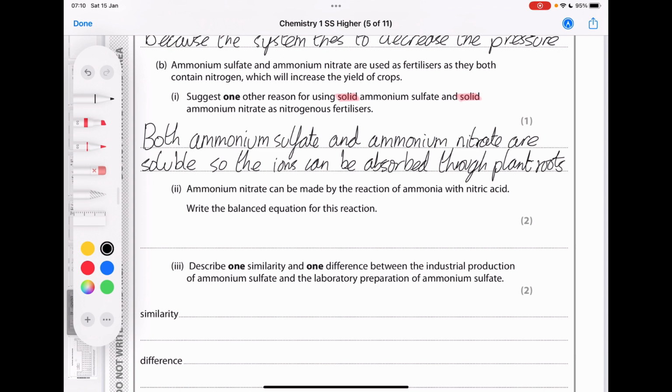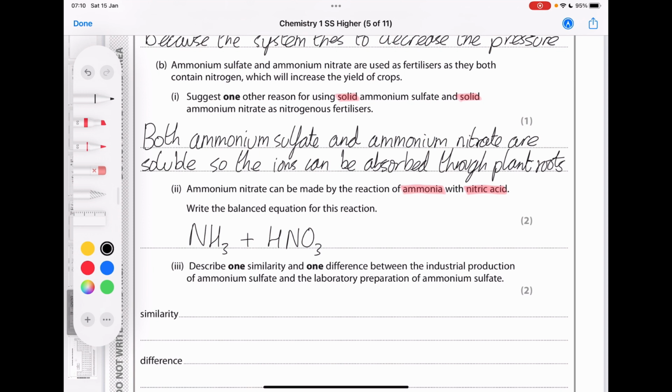Okay, part 2. Ammonium nitrate can be made by the reaction of ammonia with nitric acid. We should know the formulas of ammonia and nitric acid, and you got 1 mark just for those. Ammonia is NH3 and nitric acid is HNO3.